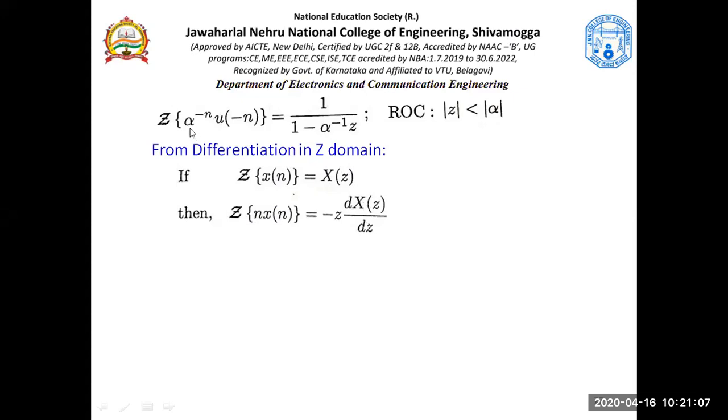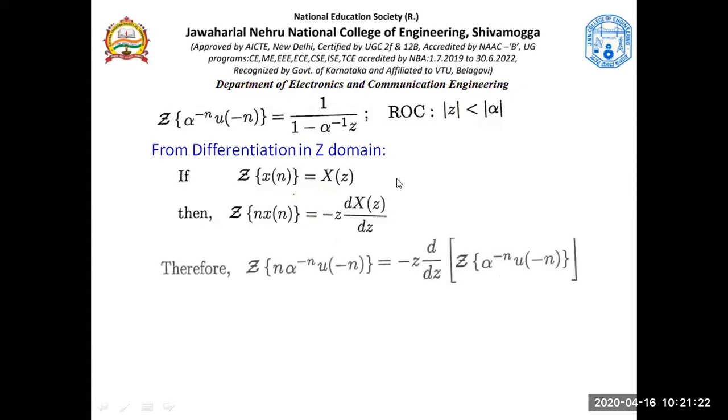Now, let's consider this as x of n. Let's bring n here. What would happen to this? It would be minus z times d by dz of this. So that is what we are going to see next.